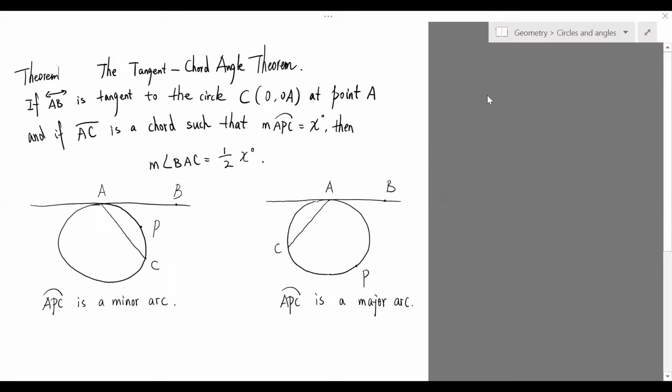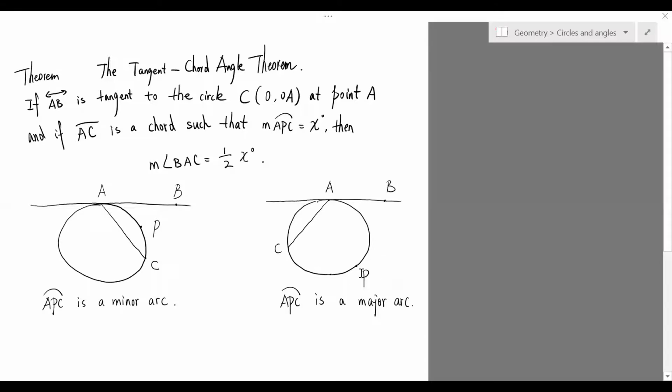Now let's look at the proof of this theorem. It turns out the proof is based on the characterization of the tangent line. So we would be considering the following two situations. In the first scenario, the arc APC is a minor arc, as we are seeing in the figure on the left.